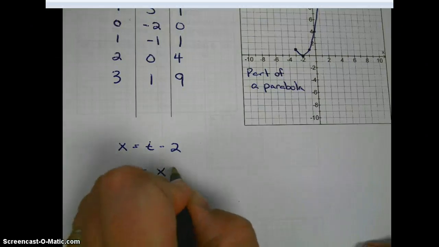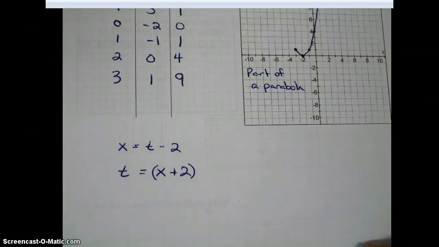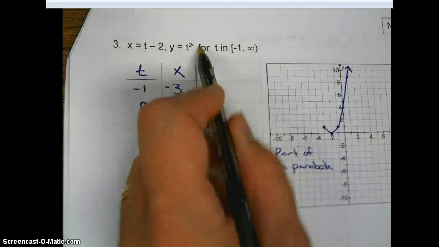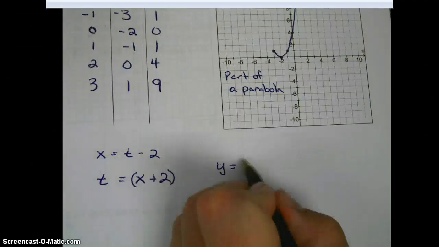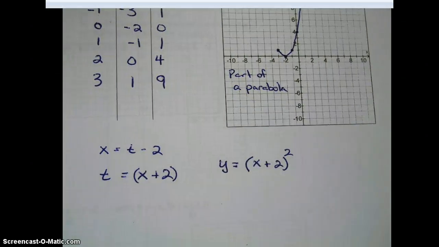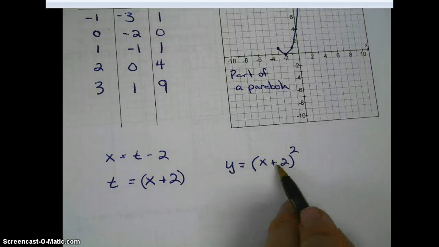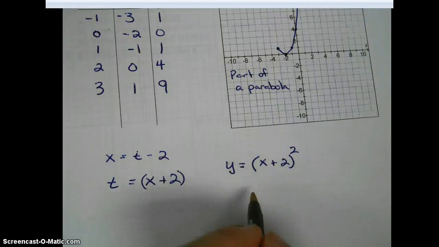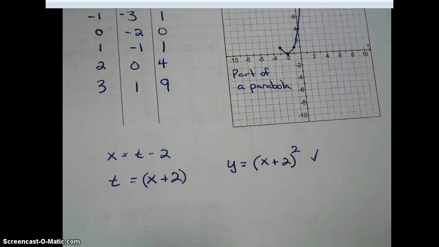Add 2 on both sides. Okay, and then what do we do with that? Yeah, that's right, we plug it in to the other equation. So the other equation, y equals t squared. Plugging it in for t. Okay, and there we go. So what we have here is a parabola that's shifted 2 units to the left, which is what we have right here. And this, we could write it in standard form, but that's fine.